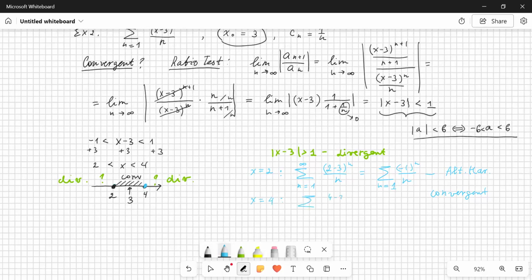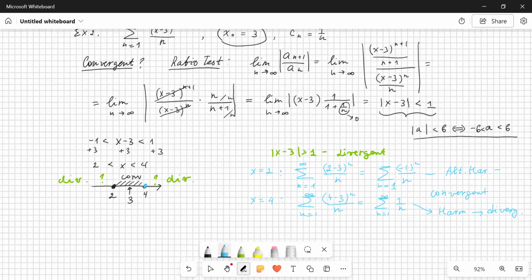We have (4 minus 3) to the power of n over n, n goes from 1 to infinity. And that's going to give us the sum of 1 over n from 1 to infinity. And this is also harmonic, just the normal harmonic. And normal harmonic is divergent. So this point is going to be out.